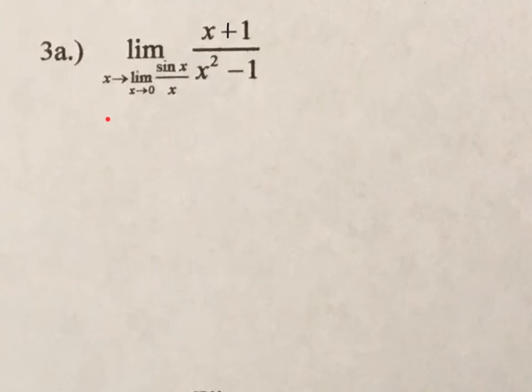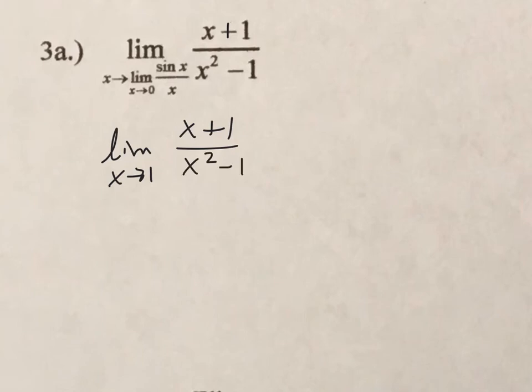We could say the limit as x approaches 1 of x plus 1 over x squared minus 1. You'll notice if we tried to use direct substitution, we'd have a 0 in the denominator, so direct substitution isn't going to work. So let's see what factoring will do for us. Let's go ahead and factor that denominator.